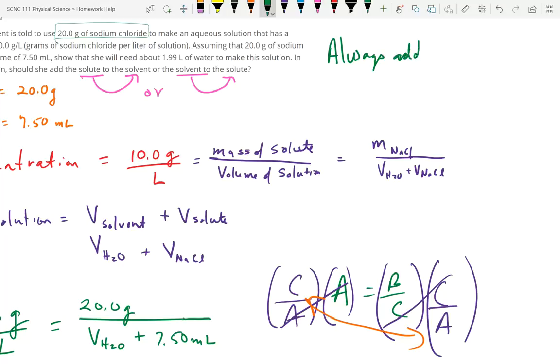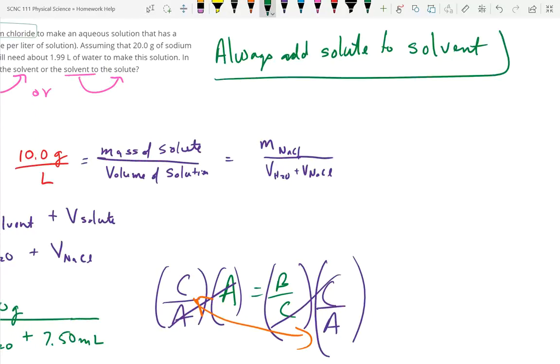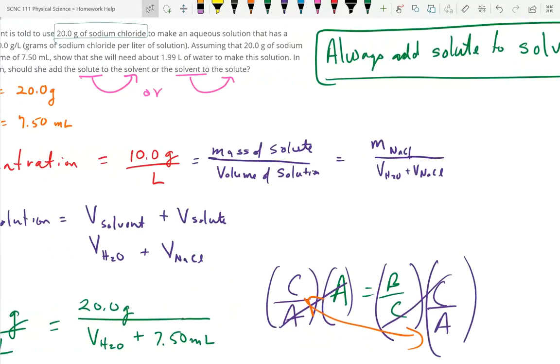Maybe I have that confused backwards. You always add the solute to the solvent. So that was an always answer. In that case, she's going to add the sodium chloride to the water, not water to sodium chloride.